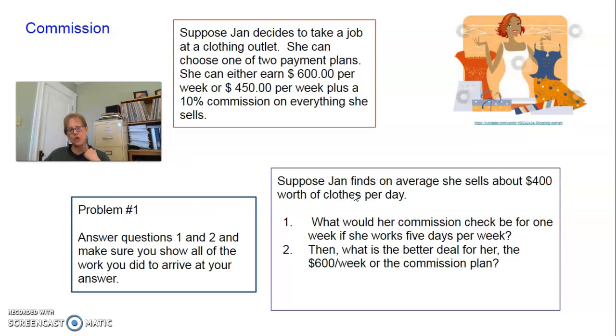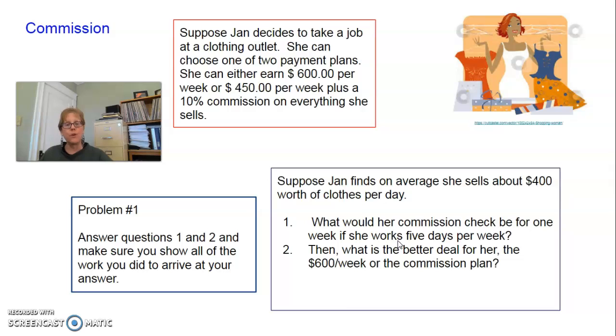Let's say Jan collects data every day, and she finds on average she sells about $400 worth of clothes per day. Here's what I'm asking you to figure out on your own. What would her commission check be for 1 week if she works 5 days a week? That's important, the 5-day-a-week thing.